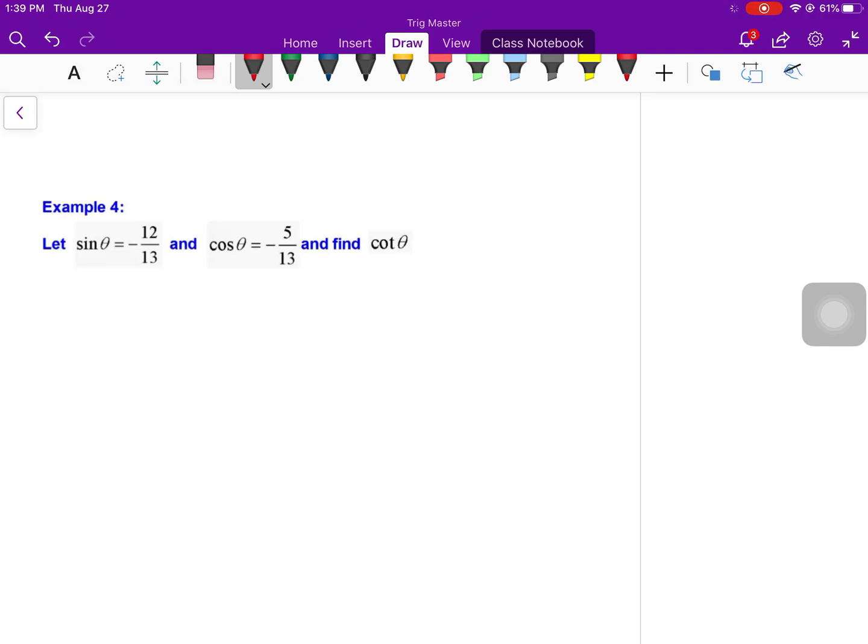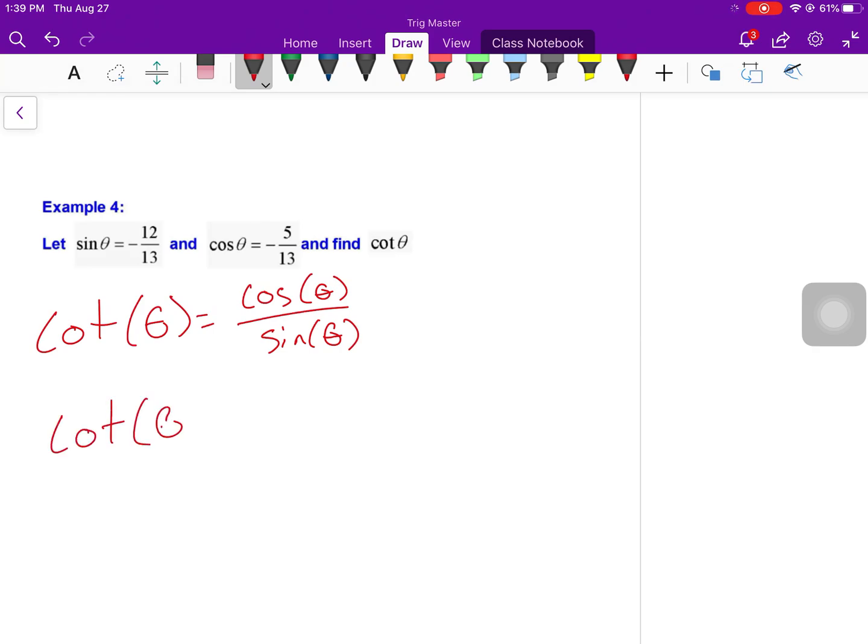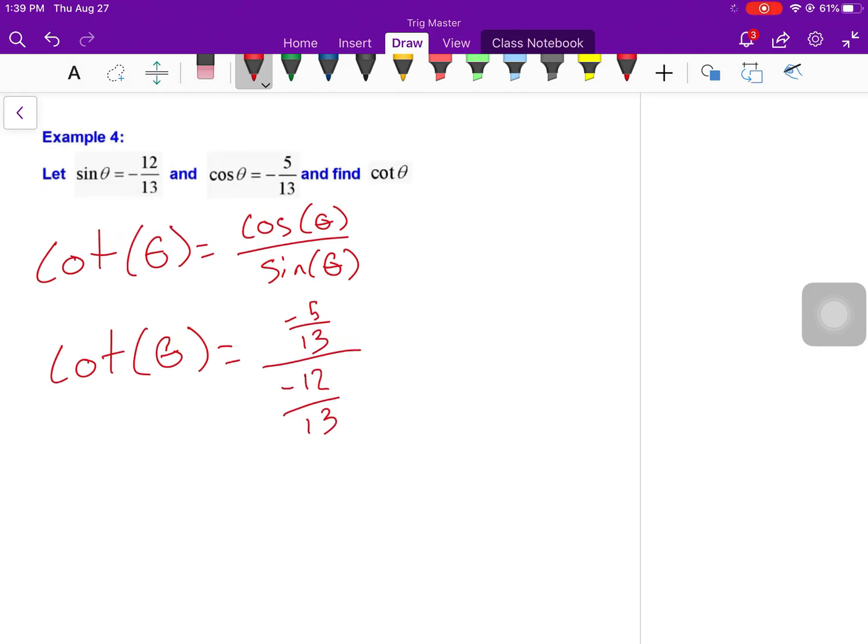So example 4, let sine of theta equal negative 12 over 13 and cosine of theta equal negative 5 over 13. Find cotangent of theta. Cotangent of theta is cosine of theta over sine of theta. So cotangent of theta is going to be negative 5 over 13 over negative 12 over 13.